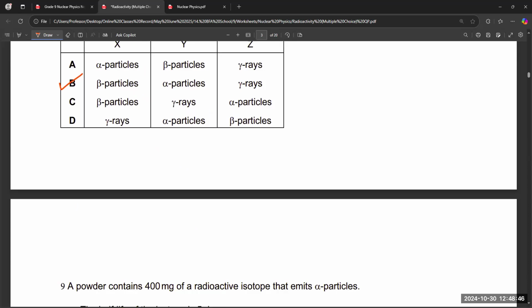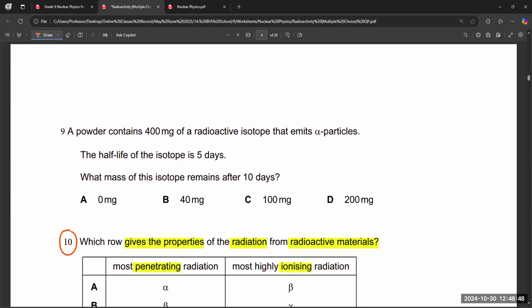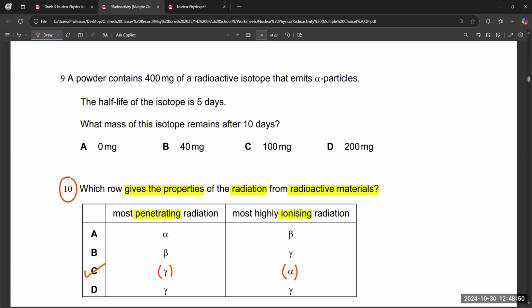Okay, we already solved the basic properties. Question number 9. Now try question number 9 by yourself also. It is also related to half-life. It is very easy.